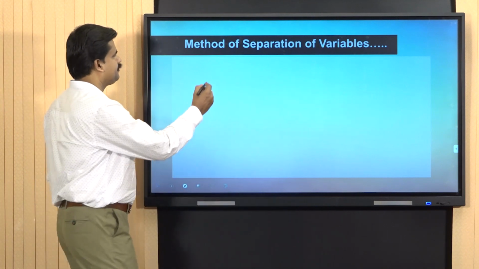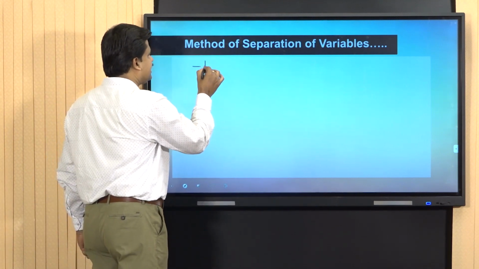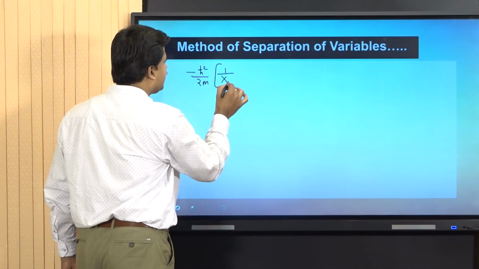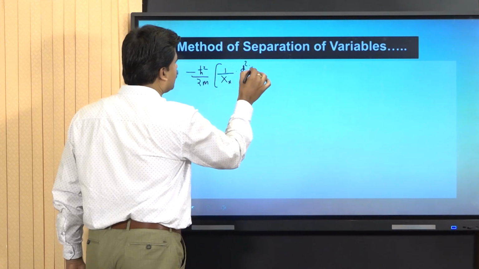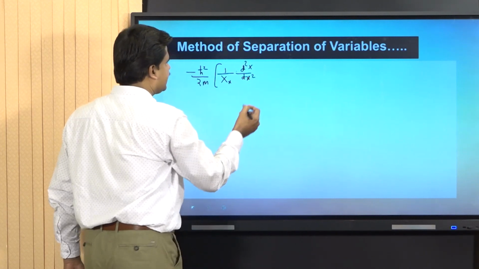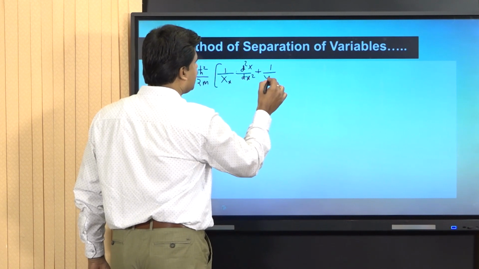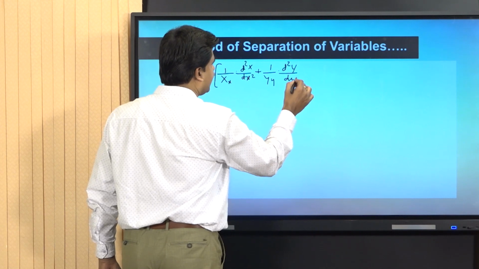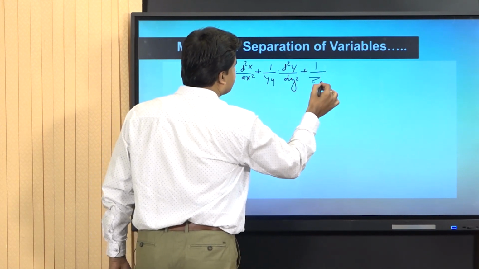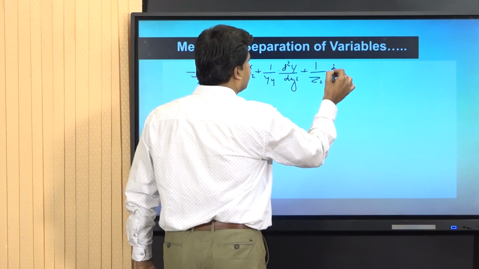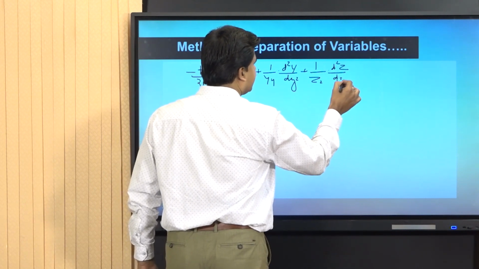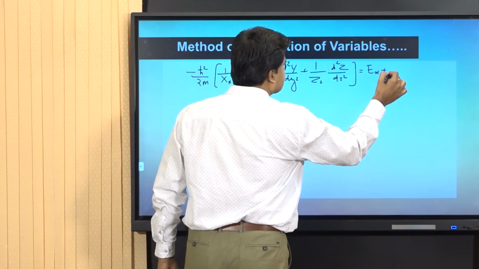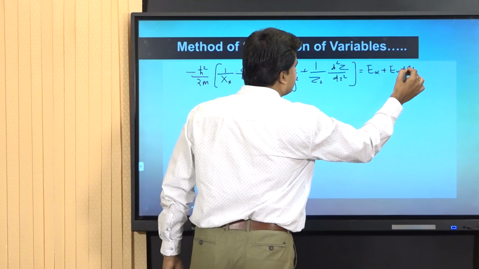Thus, we get minus h cross square by 2m into 1 by X of x into d square X divided by dx square plus 1 by Y of y into d square Y divided by dy square plus 1 by Z of z into d square Z divided by dz square equal to Ex plus Ey plus Ez.